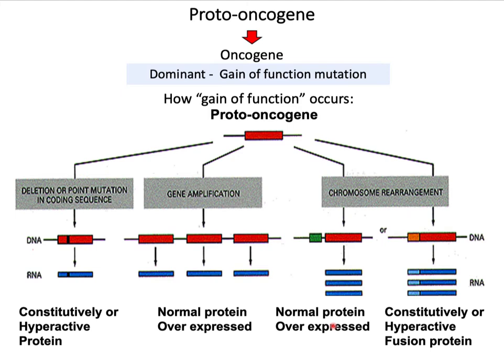So for example, when a proto-oncogene is on its normal chromosome, there is a promoter that is driving its expression. But that promoter is highly regulated. It is kept off except in the specific part of the cell cycle where it is needed.